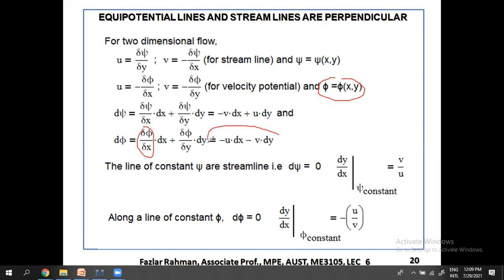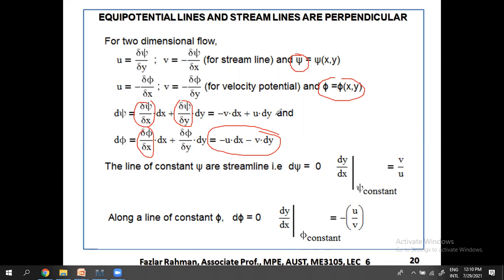So we are getting this d phi. Similarly, psi, the stream function, is a function of x and y. So its derivative is del psi by del x into dx plus del psi by del y into dy. Now, what is this value? Del psi by del x, you see, is minus v. So I got minus v over here into dx. Similarly, this equals u, so I put u over here.